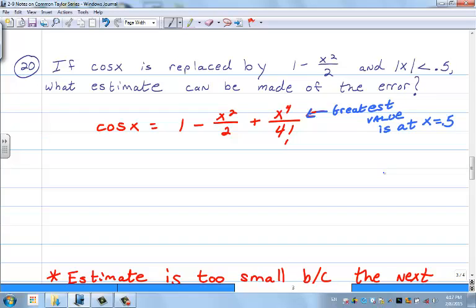Alright, so what we're going to do is figure the error. The error must be less than the value of this term. I'm going to write this down: less than the value of this term when x equals 0.5.